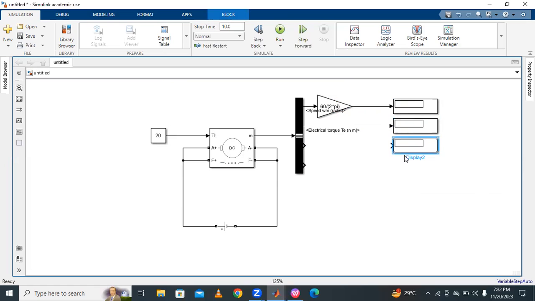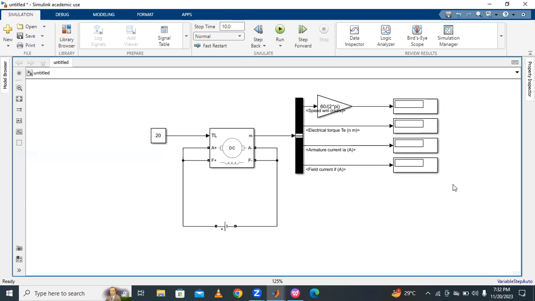Connect another display here. This is the armature current IA. Take one more display. This is the field current IF. So speed, torque, armature current, and field current.